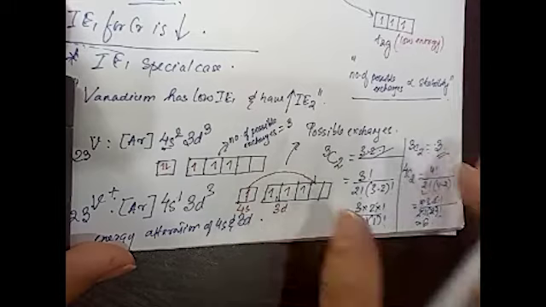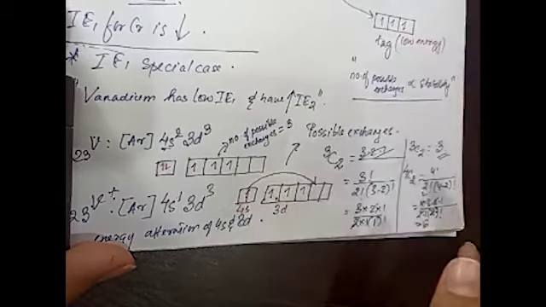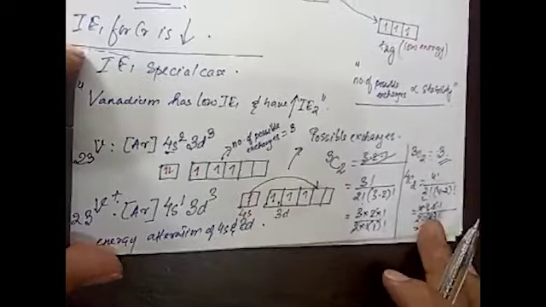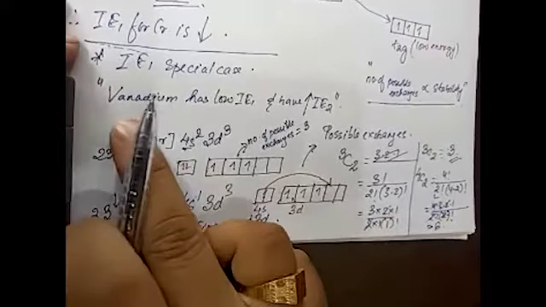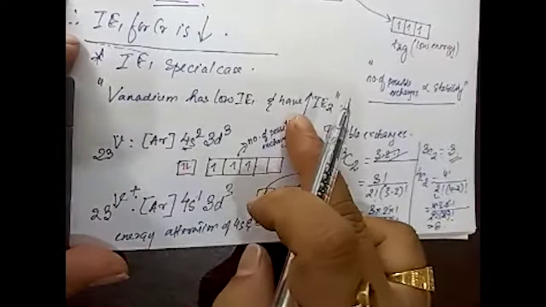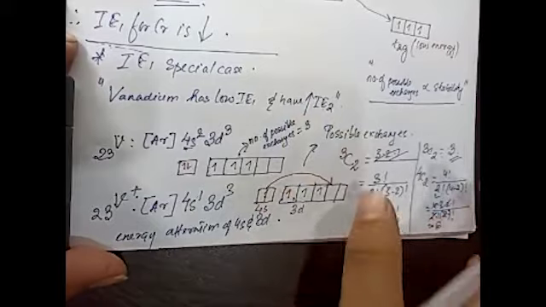So should I write it down? Okay, I'll just write it down. How to put in words this question? Vanadium has low IE1 but high IE2.